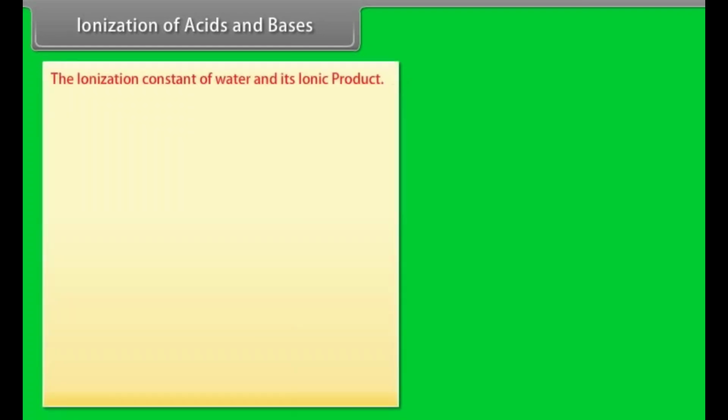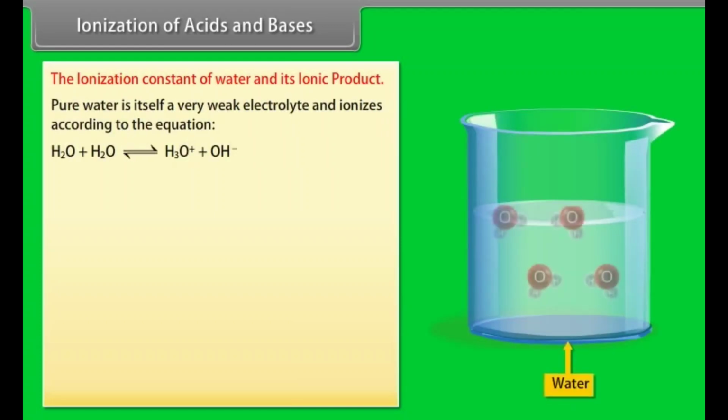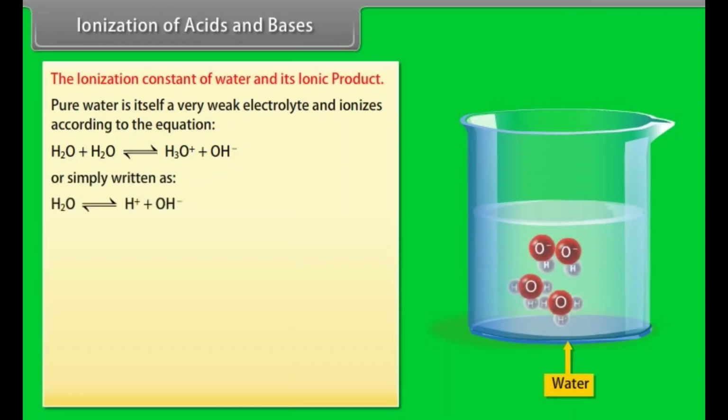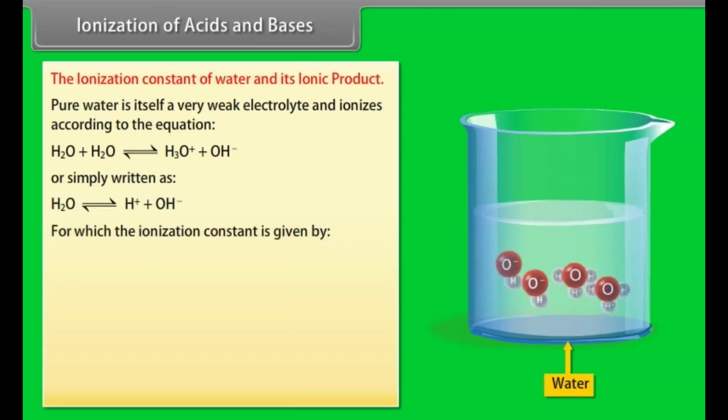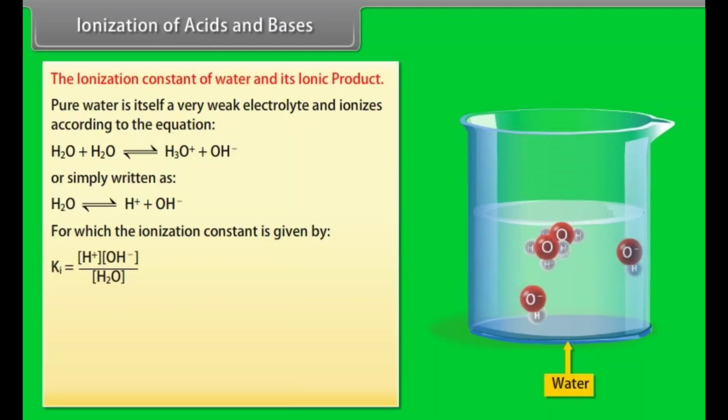Ionization of acids and bases. The ionization constant of water and its ionic product. Pure water itself is a very weak electrolyte and ionizes according to the equation, or simply written as, for which the ionization constant is given by Ki equals concentration of H+ times concentration of OH- divided by concentration of H2O.